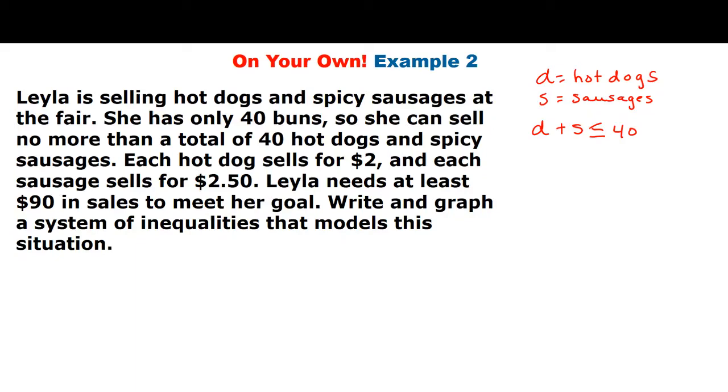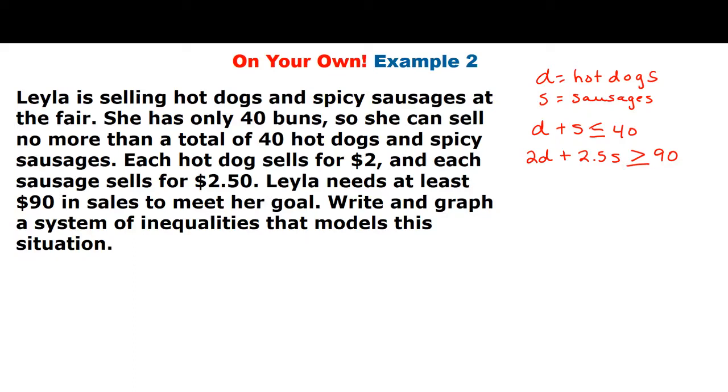And we also know that the hot dogs are $2 each, so 2 times a hot dog plus 2.50, 2.5 times a sausage, all of that, she wants to make at least, so she wants to make more than $90. Let's see what else we know.